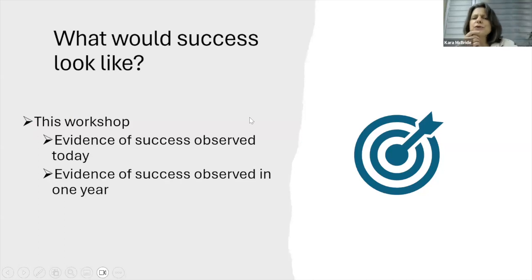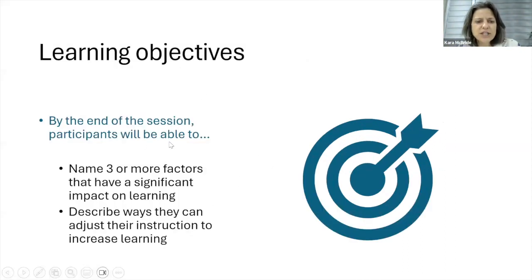And I wonder, what would that look like? Whenever we're trying to teach something, we want to have observable evidence of learning so that we can know, did they learn or did they not learn? So, these are the learning objectives.